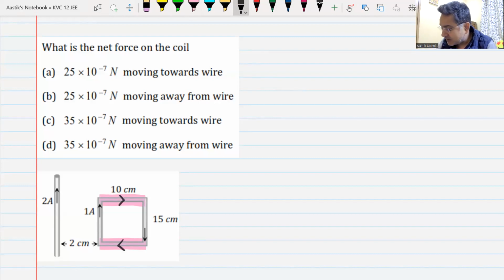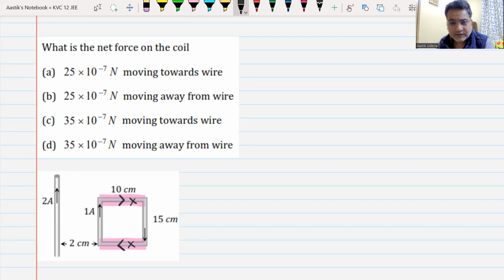The current in this wire is like this, and the current in this wire is like this. Whatever force the upper wire experiences, the same force the lower wire will experience. Yes or no? But they would not be in the same direction, they would be in the opposite direction. So these two wires will cancel each other out.